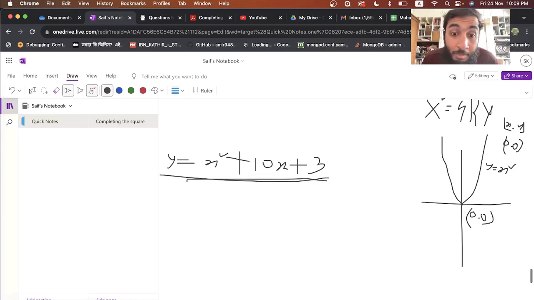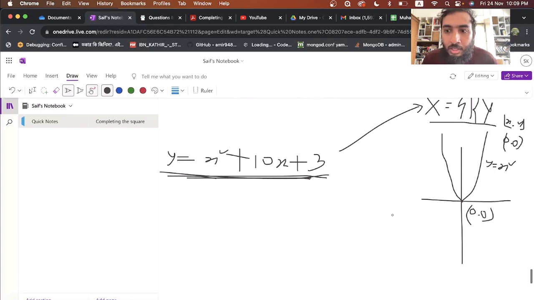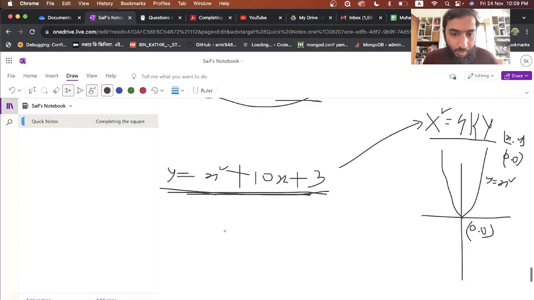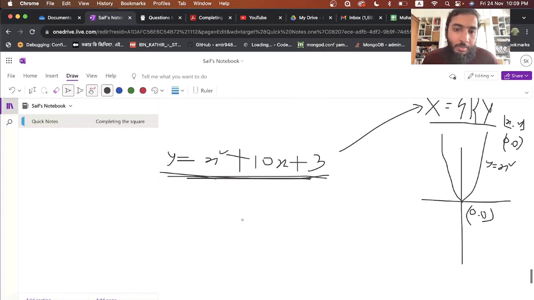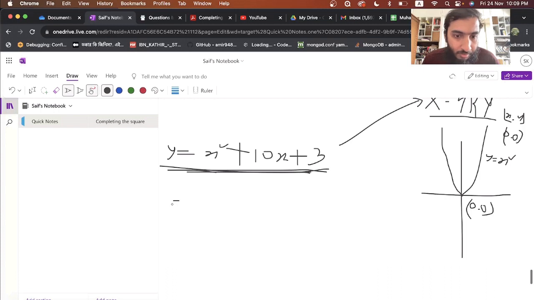In order to find the minimum value, I have to change this equation into this form.